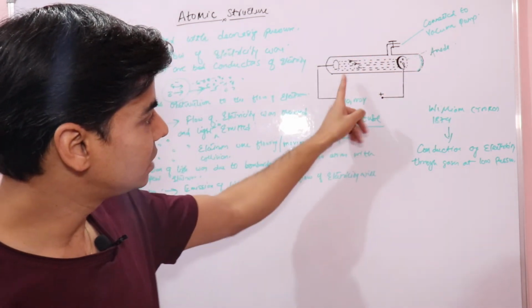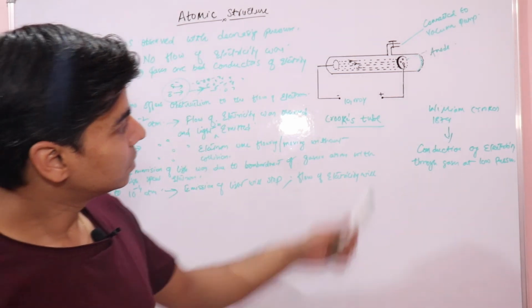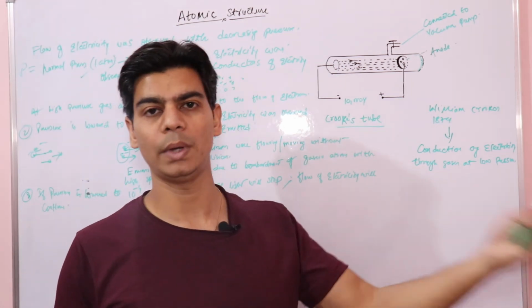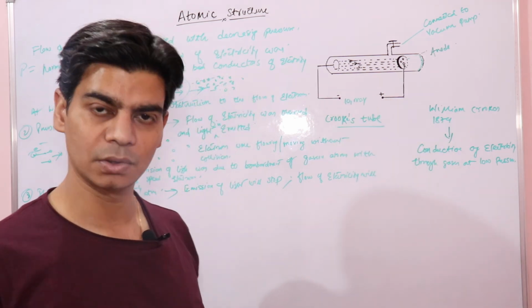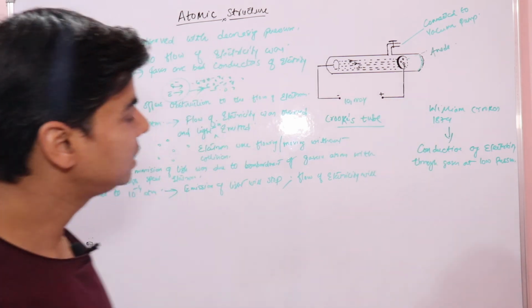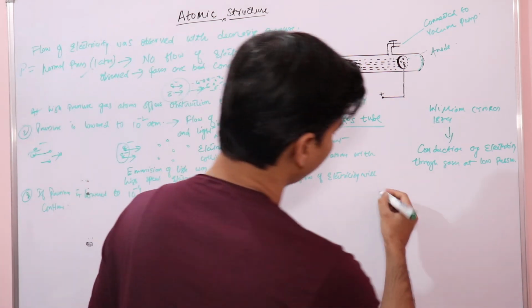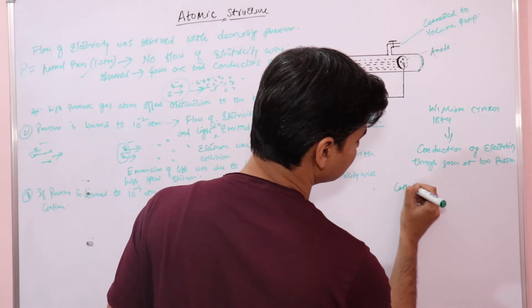These invisible rays are called cathode rays, because they are moving from cathode to anode. And these cathode rays are nothing but a beam of electrons, right?